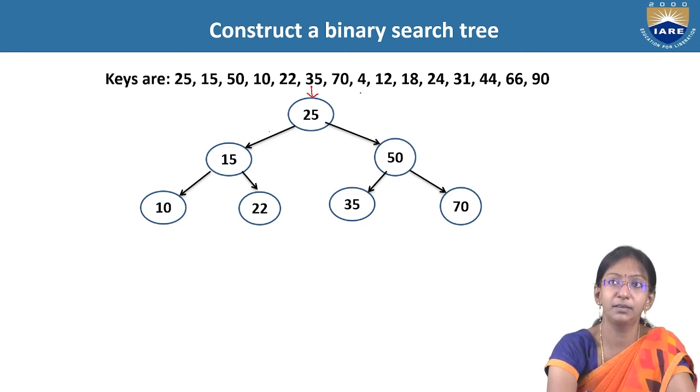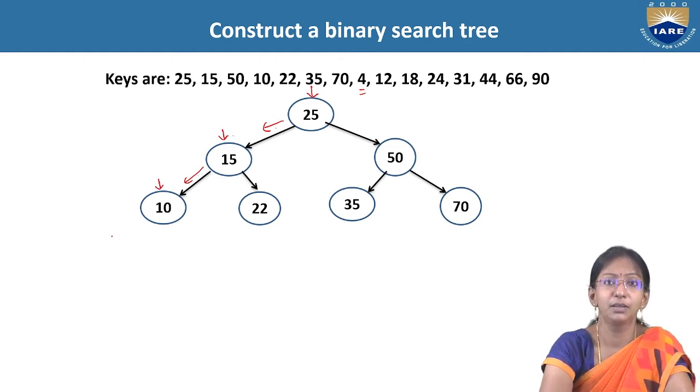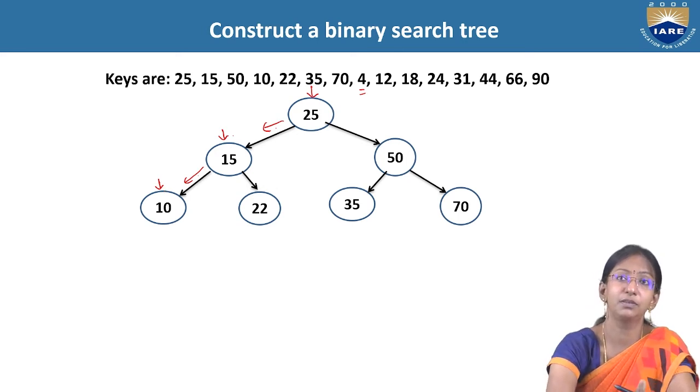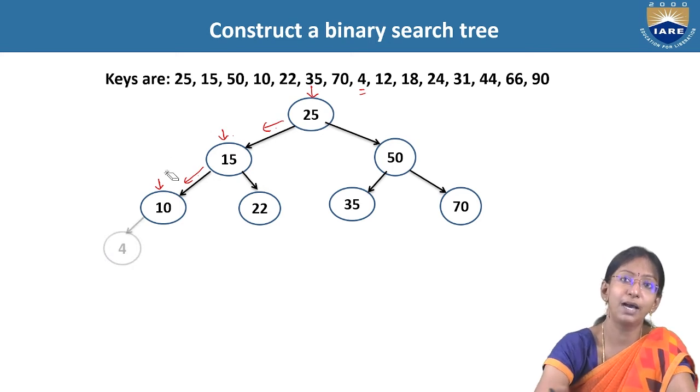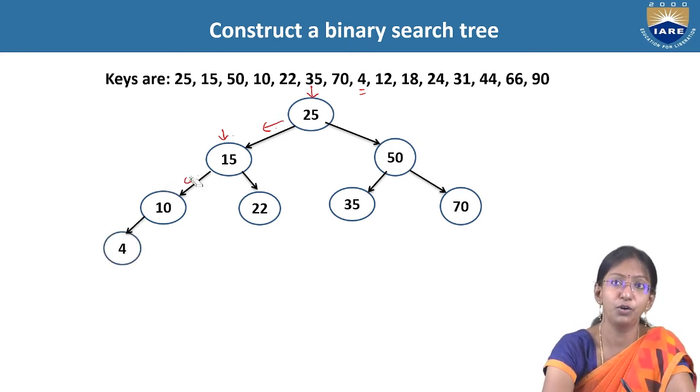Next element to be considered is 4. Right? So compare it with 25. As it is lesser, travel towards left. Compare it with 15, lesser. Travel towards left, compare with 10. As it is lesser, travel towards its left. But when you travel towards its left, you do not have a left subtree for the same. So introduce 4 as the left child of 10. Right?